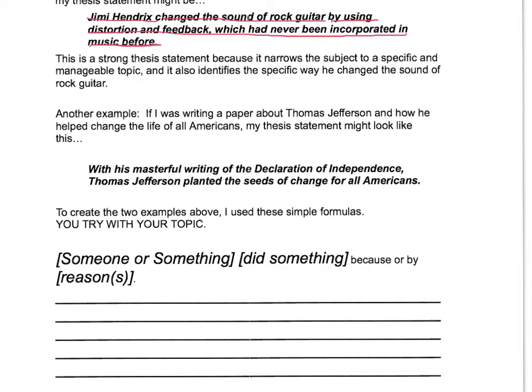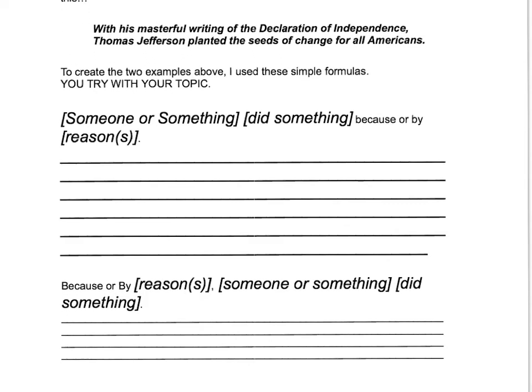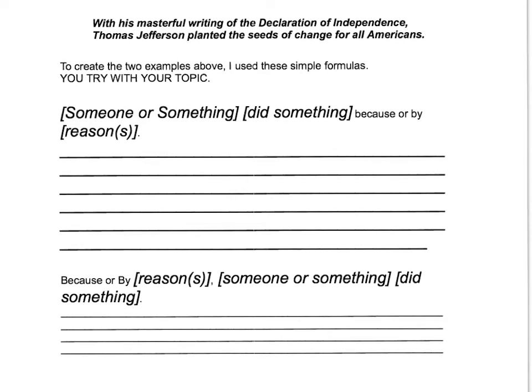This second sentence, the Thomas Jefferson one, is very similar. I'm just rearranging the way that it's laid out, using a different formula. In this one, we're just putting the reasons first, the person or thing second, and then what they did.